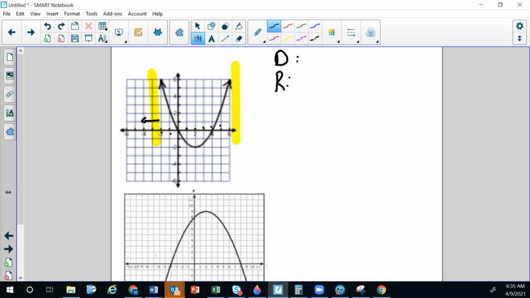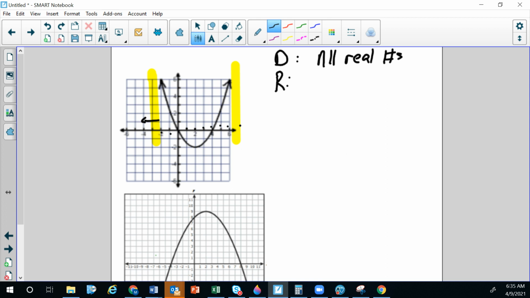But if you look at it, the line touches the arrow. That just means that the graph keeps on going, and therefore the x values just keep on going to the right, and so it goes to positive infinity. And so that's why we say the domain is all real numbers.